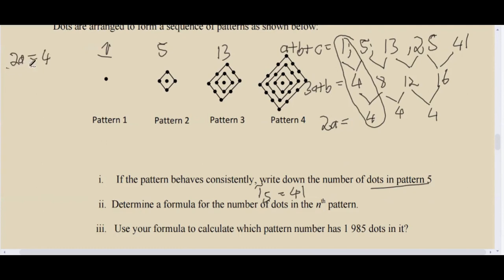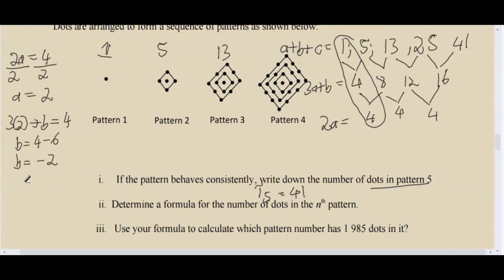To calculate the value of a, divide both sides by 2. So a is equal to 2, right? Then to find the value of b, substitute the value of a: 3 times 2, plus b is equal to 4. This gives me 6. And then b is equal to 4 minus 6. So the value for b is negative 2, right?